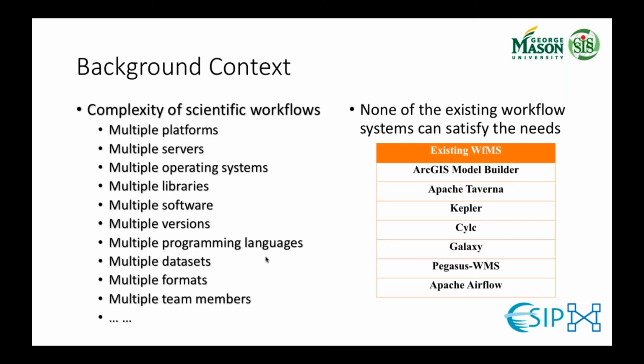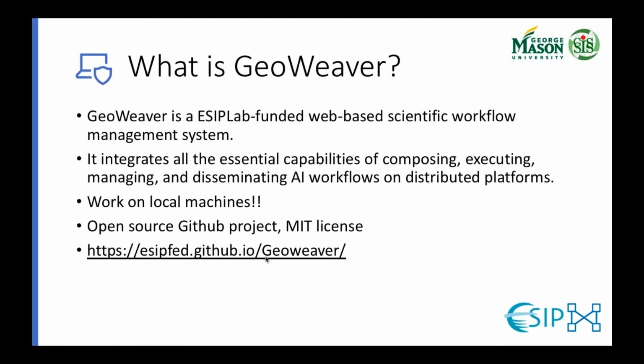So what is Geoweaver? Geoweaver is generally a web-based scientific workflow management system. It has integrated all the essential capabilities of composing, executing, managing, and disseminating AI workflows. That workflow can be executed on multiple platforms at the same time.